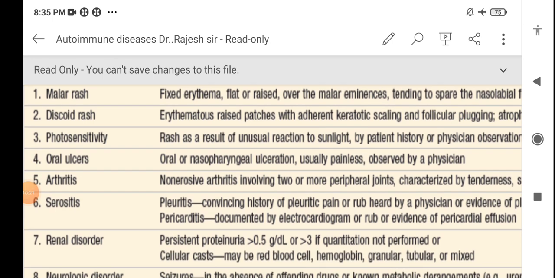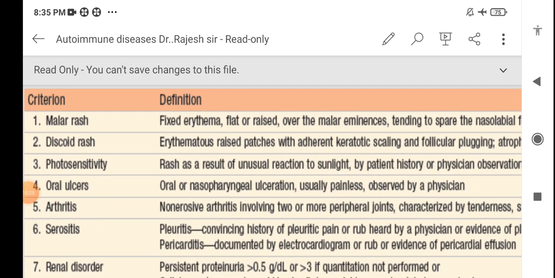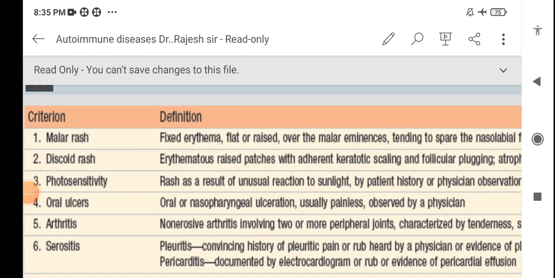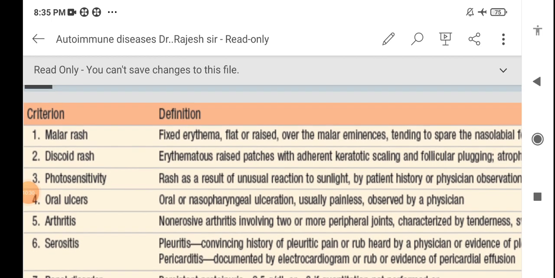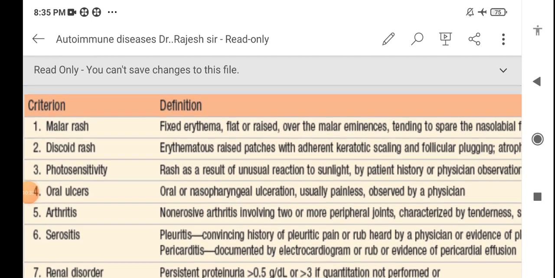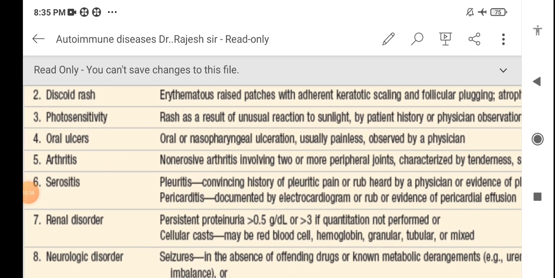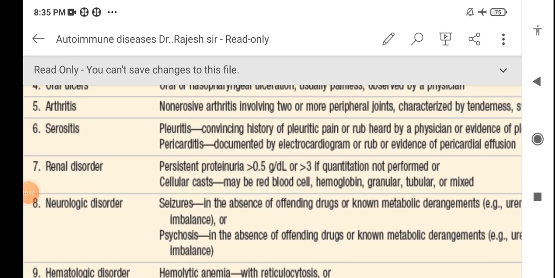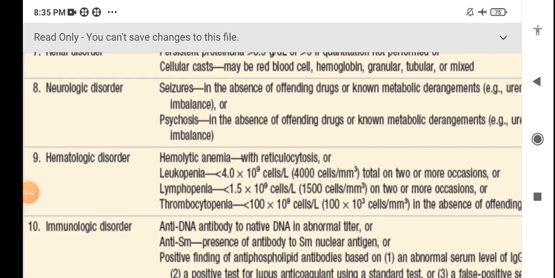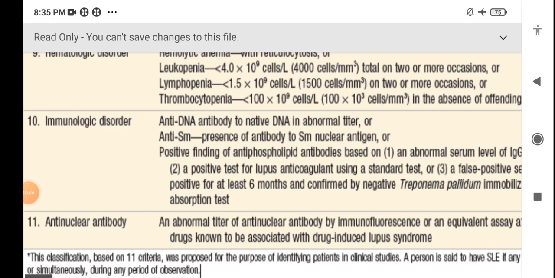So here the presentation: the malar rash, the discoid rash, the photosensitivity. So the various definitions for these: oral ulcers, arthritis, serositis, renal disorder, neurologic disorder, hematologic disorder, immunologic disorder, anti-nuclear antibodies.